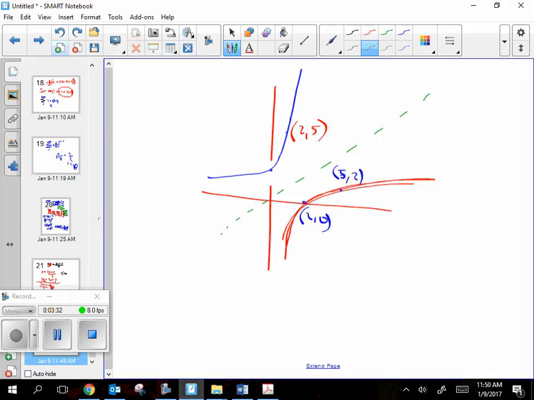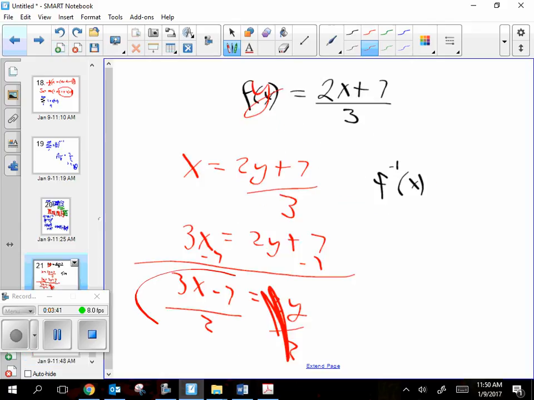So what does that mean about the domains and ranges? They're flipped. So if I ask you to find me an inverse, like this on this other one, and you got your inverse, and I ask for the inverse's range, should you go draw a picture of it? No. You should go back to the other one, and if I want the inverse's range, I really want the original's domain.